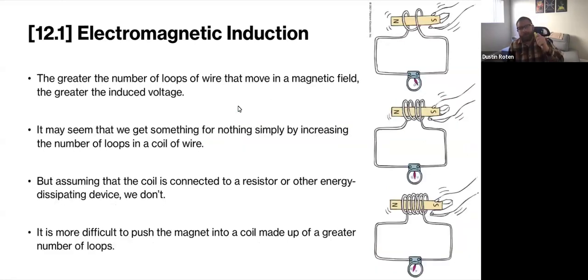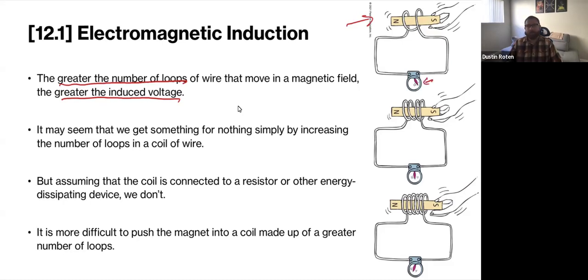You can imagine if you increase the number of loops in a wire, you actually get more voltage. So if you increase the number of loops, more voltage comes out. You can see over here, we stick this magnet in just a couple of loops.